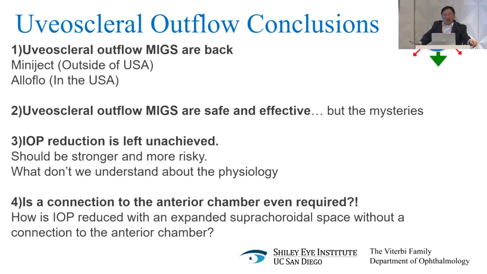And then number 4, is a connection to the anterior chamber even required? Somehow there are devices and thoughts out there that that's not necessary, and this is something we need to figure out as well. But overall, I think the good news is that we actually have tools again to use in our patients to try to figure out some of these mysteries, because due to the modified Goldmann equation, if this really works in terms of attacking the uveoscleral outflow pathway, we could actually achieve very low pressures.